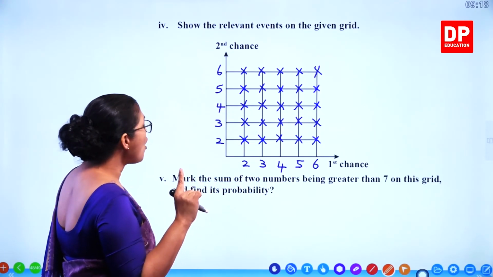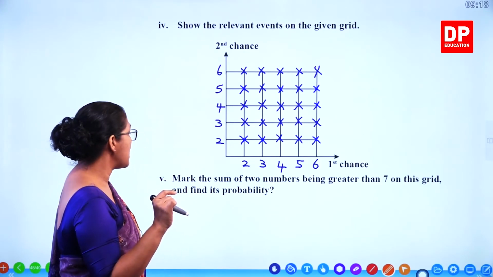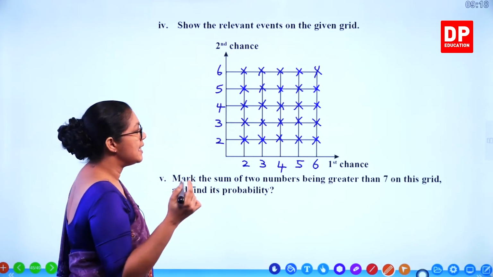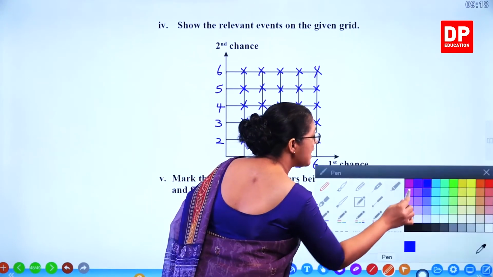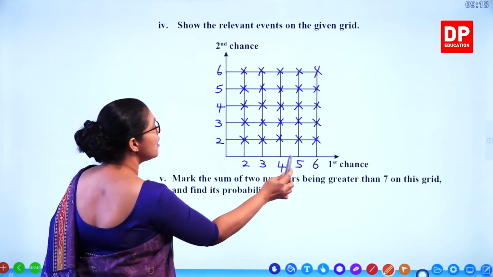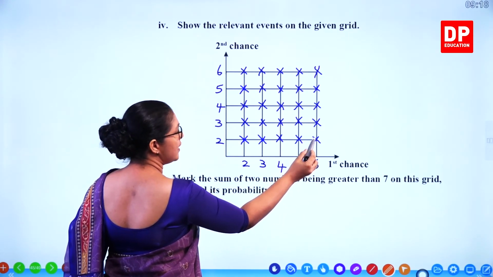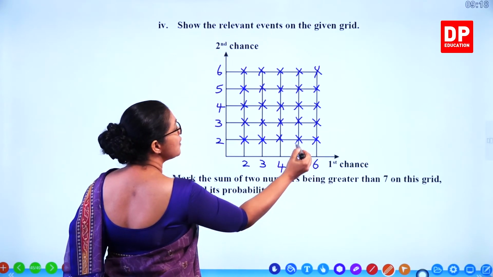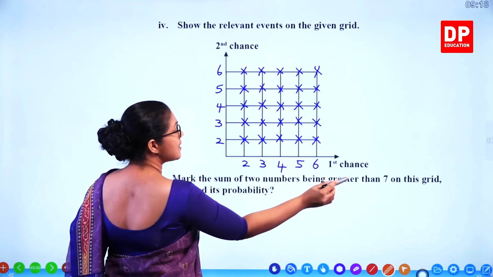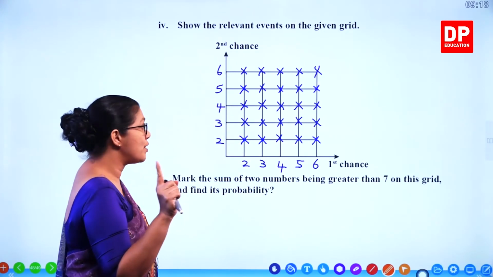Mark the sum of two numbers being greater than 7 on this grid and find its probability. The sum is greater than 7. So 5 with 2 is not possible because greater than 7 means 7 is not included.